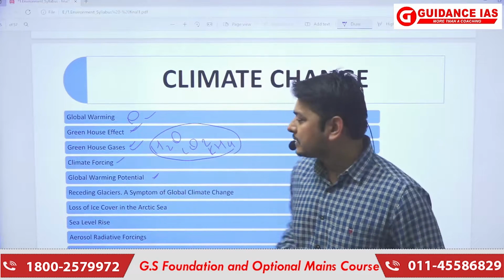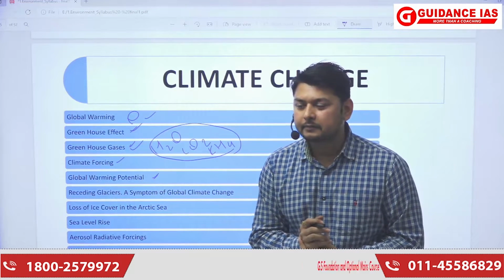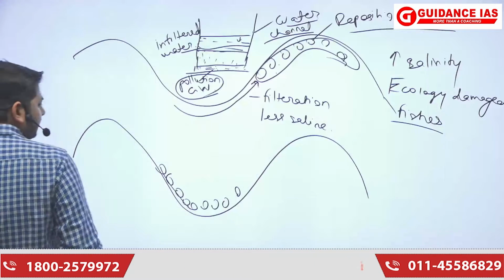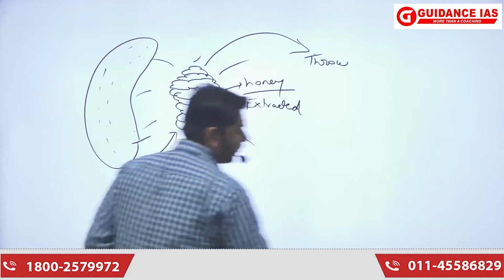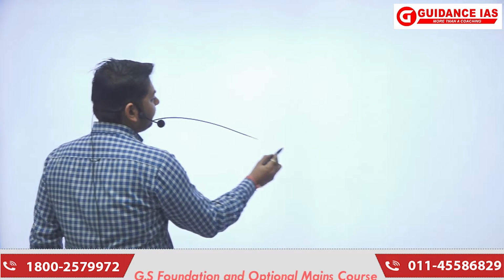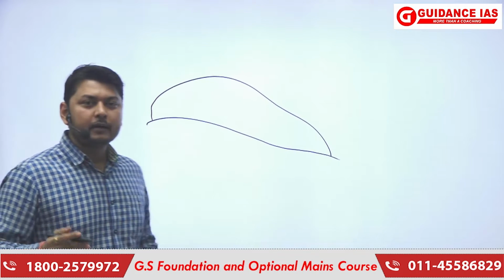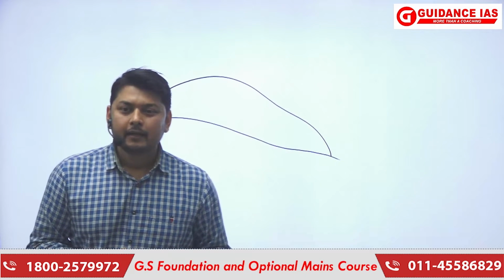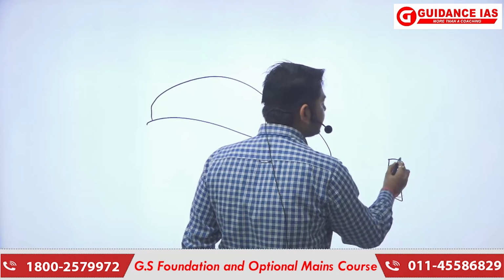Now, why are the glaciers receding? You might have heard about black carbon. What is black carbon? Would anyone like to specify? Basically, if I have a glacier here, we burn certain kinds of materials like wood, plastic, and other things, or there are various industries.